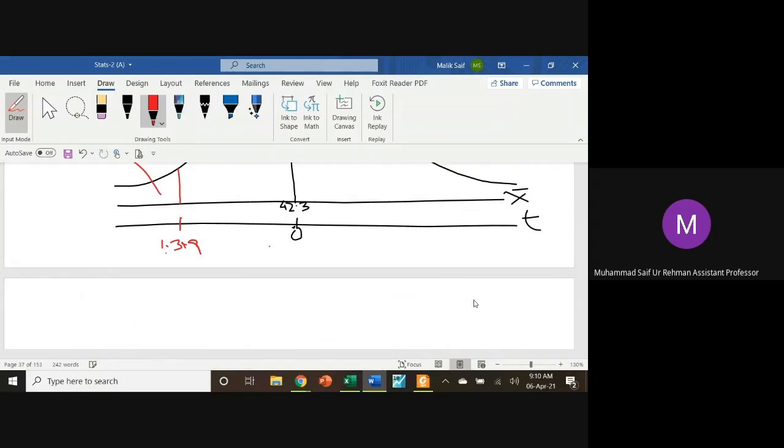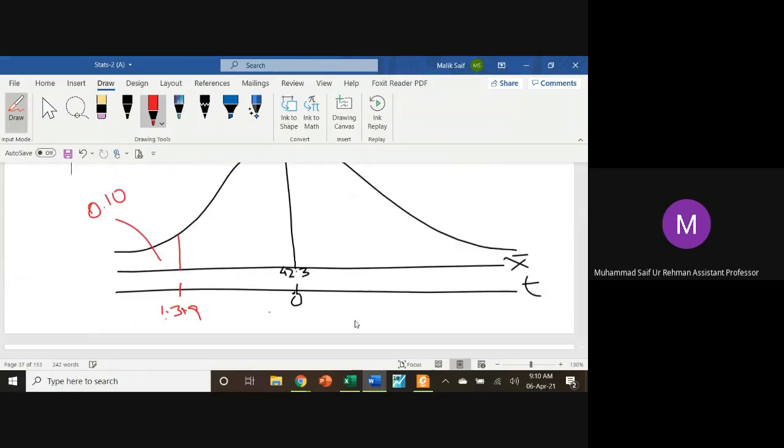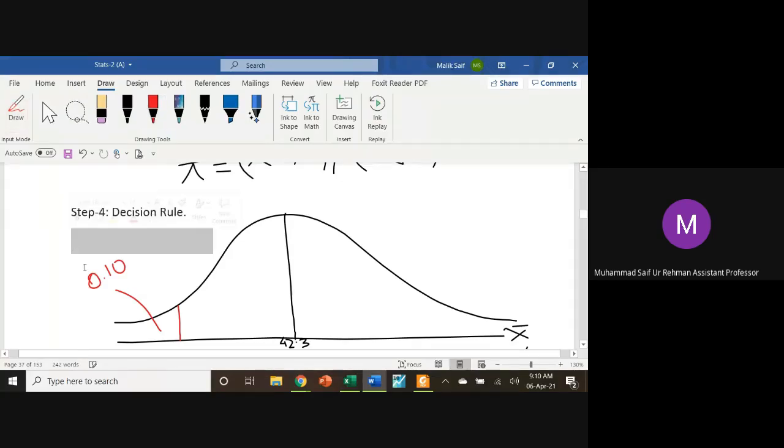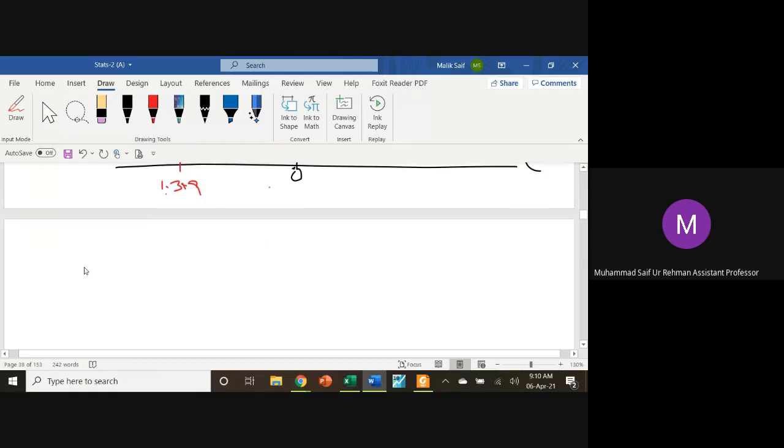1.319. So here you will write down a statement for when you will reject the null hypothesis in the decision rule. So let us write down that statement. Definitely this will be with a negative sign. Remember, this will be with a negative sign because it is to the left side of the distribution.